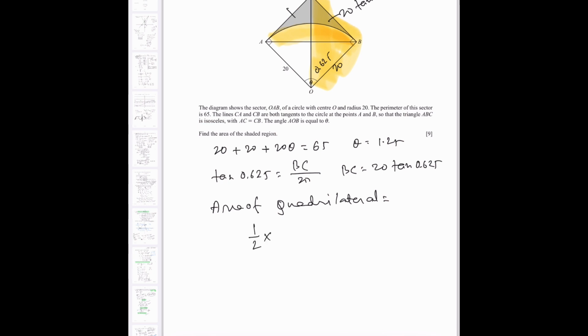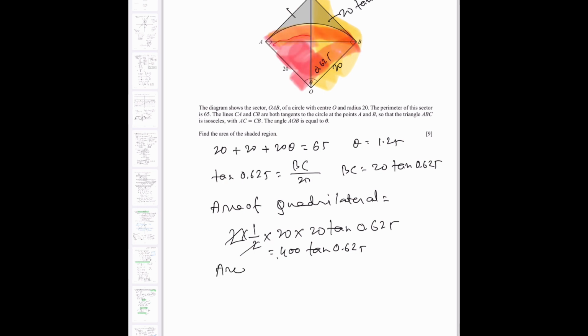Half into 20 into 20 sin 0.625. There are 2 of them, so multiplied by 2. Now it becomes 400 sin 0.625. So this is the area of the whole quadrilateral.